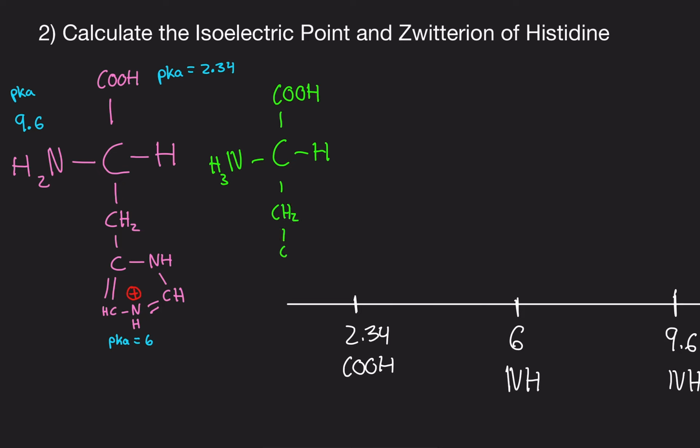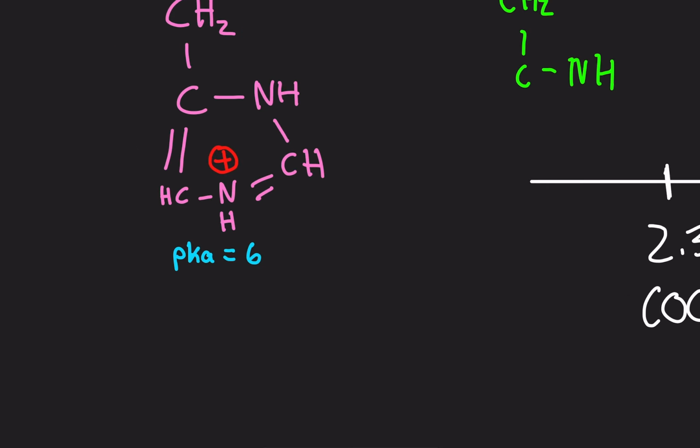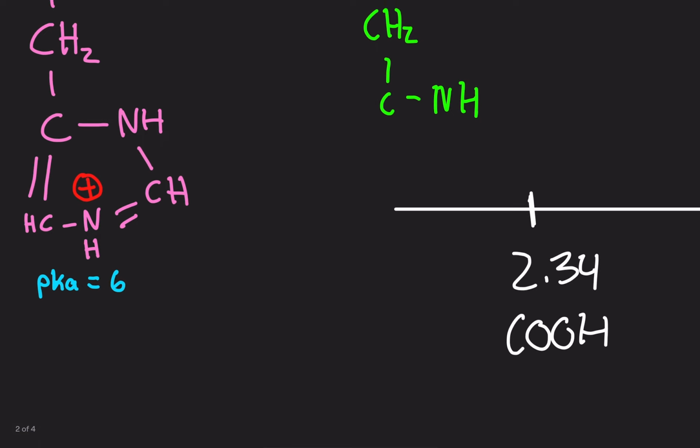The carbon is a carbon. The NH is just an NH, not an NH2, because the only one in question is this one. If they did not list pKa values for this one, don't worry about it. CH, NH with a positive charge, which I'll draw in a second.